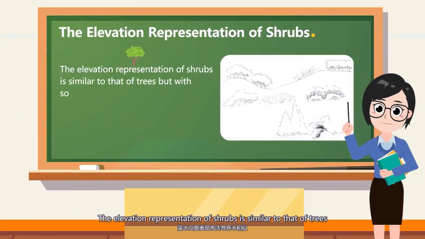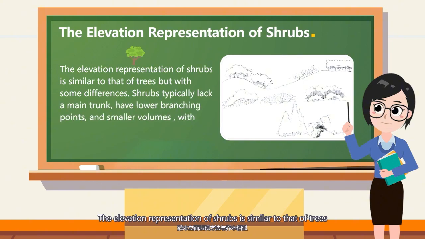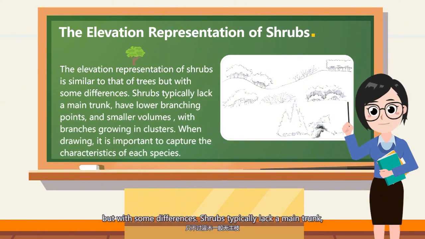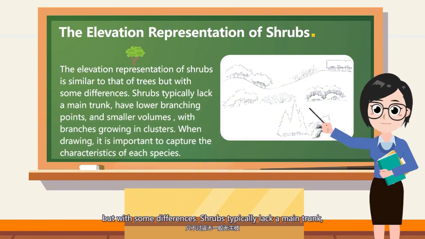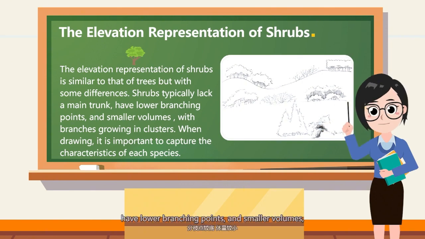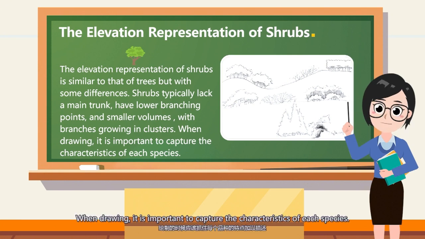The elevation representation of shrubs is similar to that of trees, but with some differences. Shrubs typically lack a main trunk, have lower branching points, and smaller volumes, with branches growing in clusters. When drawing, it is important to capture the characteristics of each species.